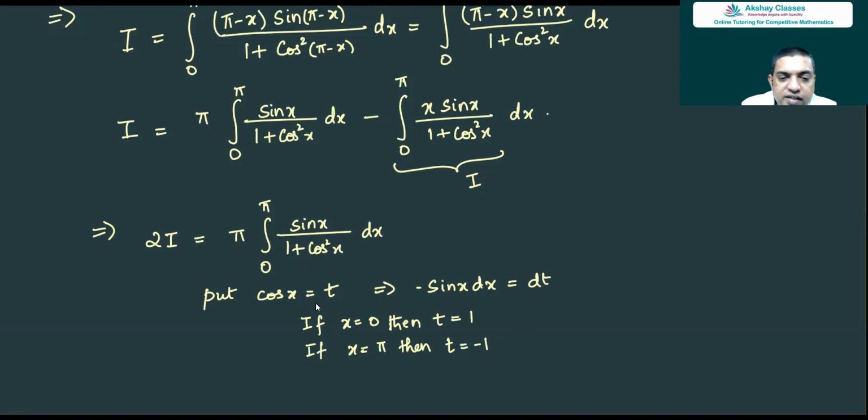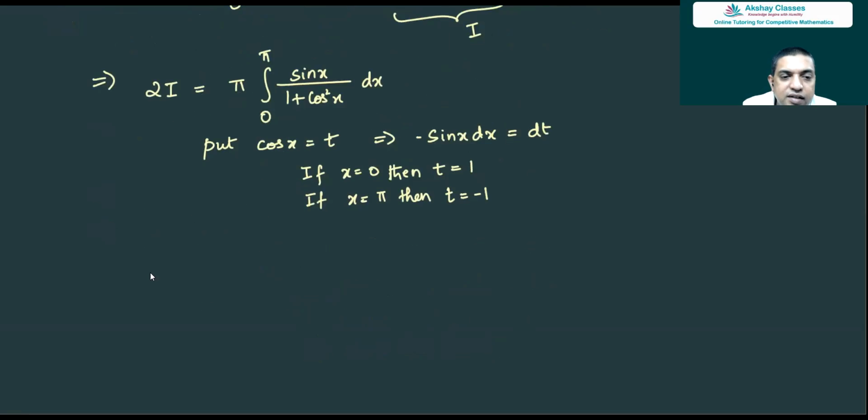And t equal to cos x is a continuous function from 0 to pi, so this substitution is valid. So we get 2I is equal to pi times integral from 1 to minus 1 of minus dt upon 1 plus t square.